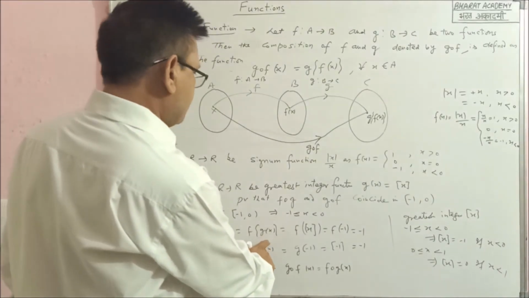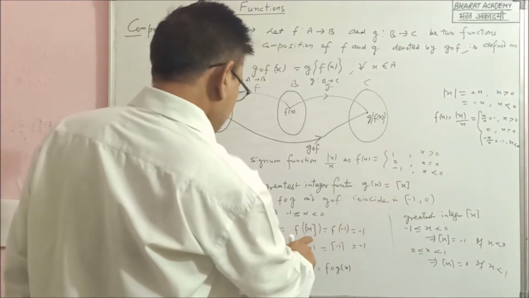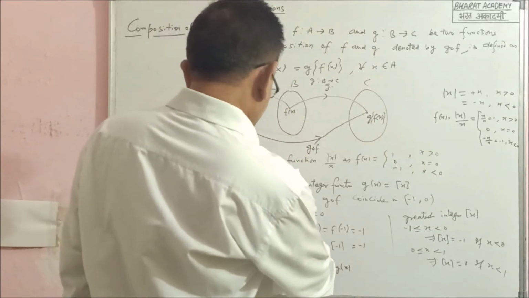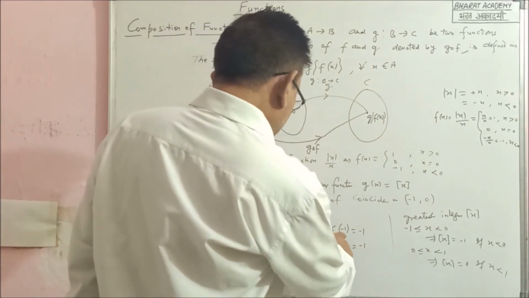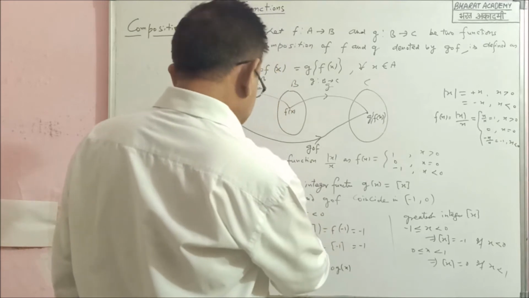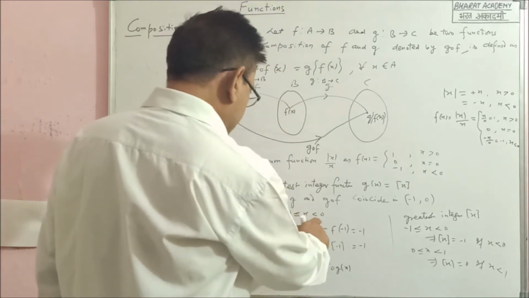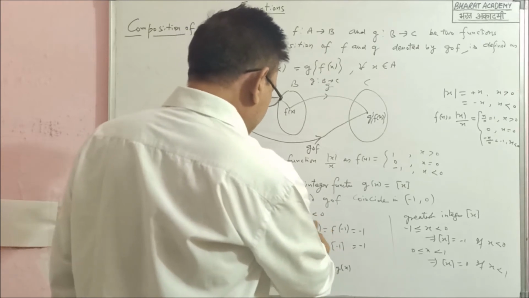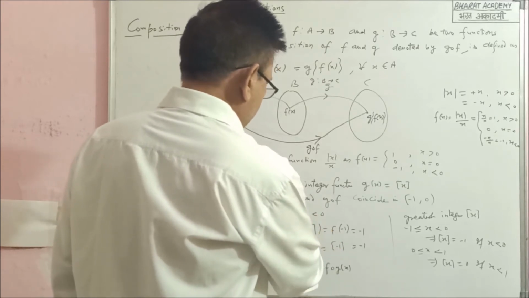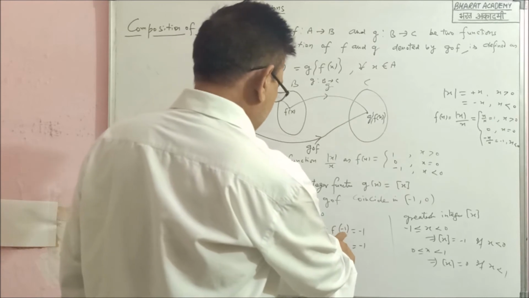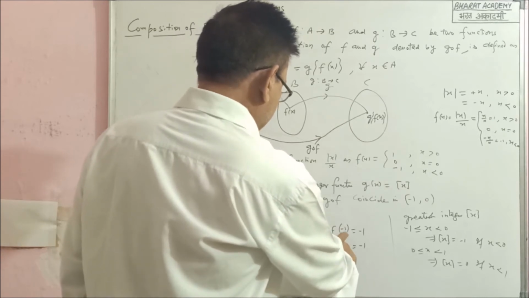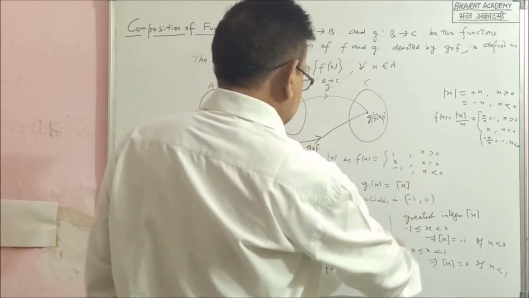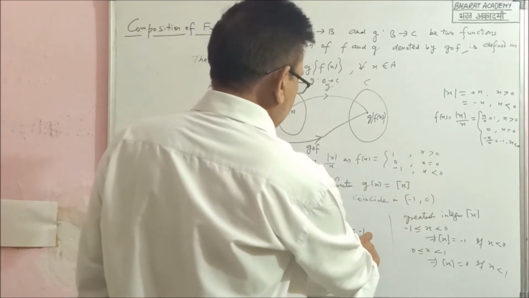What is the value of g(x)? g(x) is the greatest integer of mod x, which will be minus 1 when x is lying in the interval between minus 1 and 0. Then f of minus 1, since minus 1 is less than 0, its value will be minus 1.